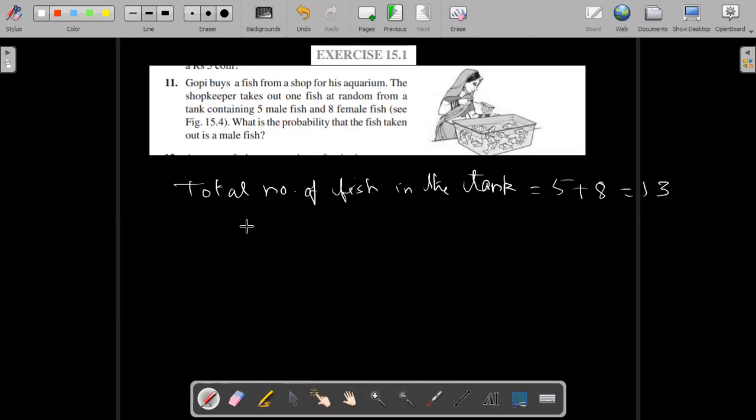And number of elementary events is 13. Means total number of events are 13.